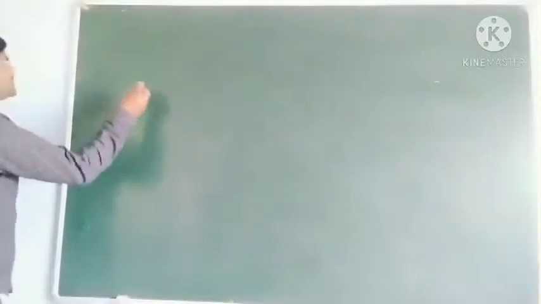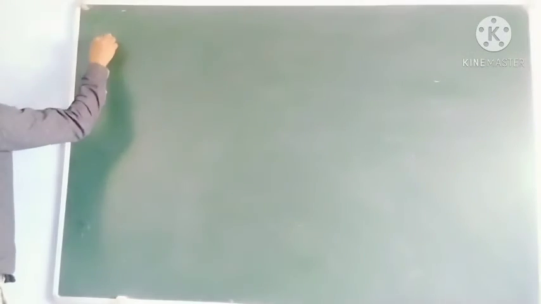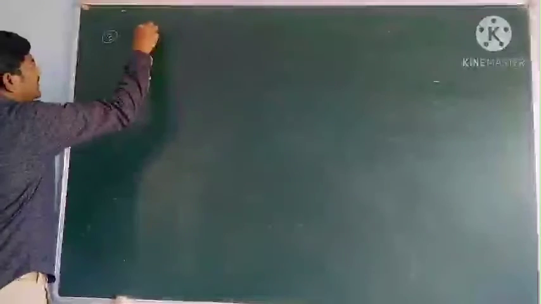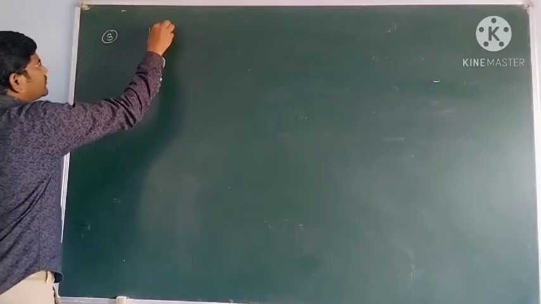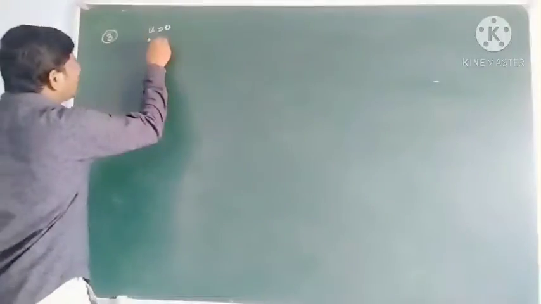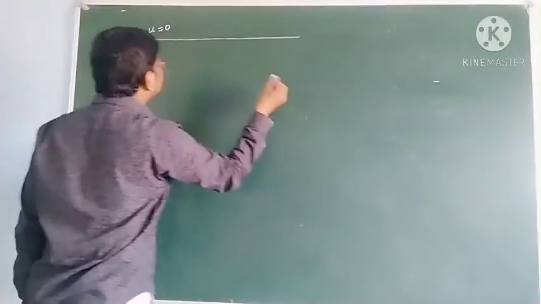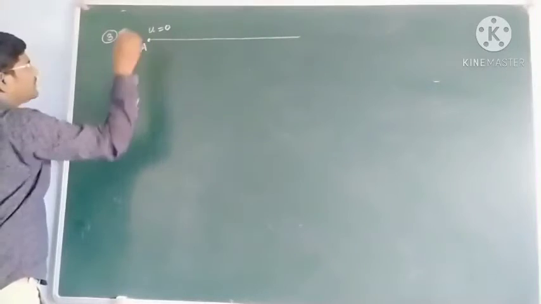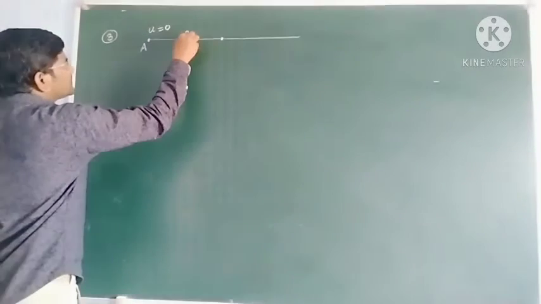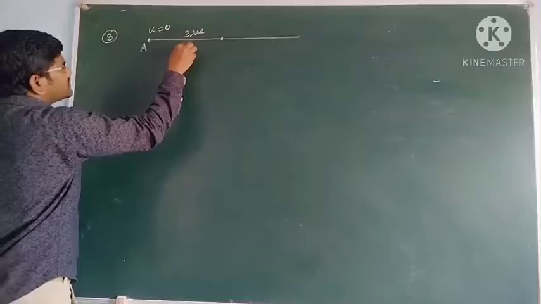See students, the third model: a particle starts from rest. They will give you a problem like this. A particle starts from rest, so initial velocity is equal to 0, and moves on a straight line path. It starts at point A, travels for 3 seconds and covers some distance x.